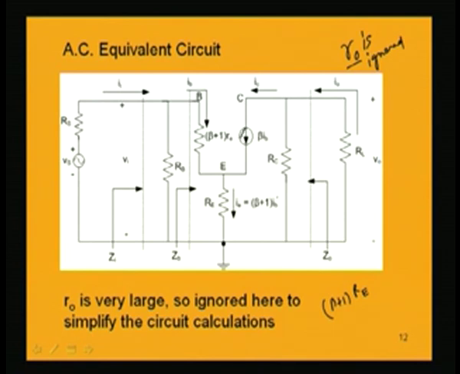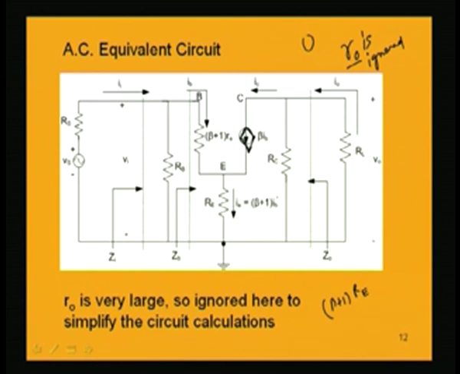Of course, this should have the symbol of a diamond, because that is the symbol for the dependent current source, not a circle; a circle is an independent current source. So, this is wrong. In order to write it correctly, we should have a diamond symbol for the dependent current source, because IC is dependent on IB.